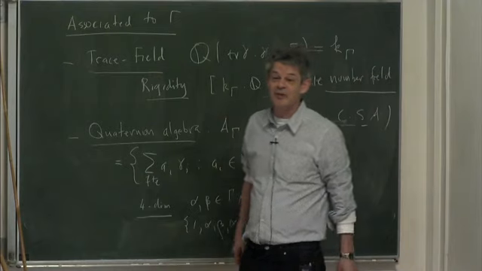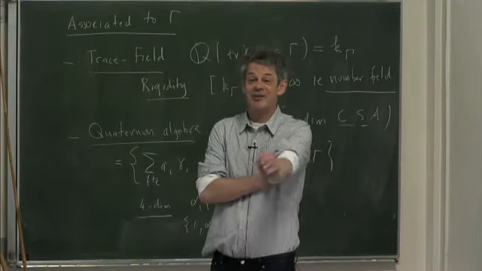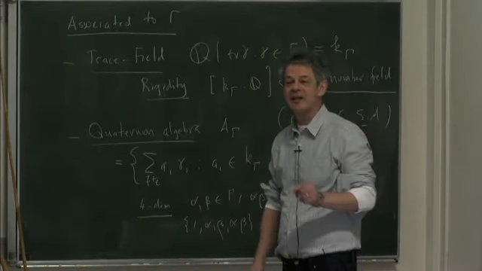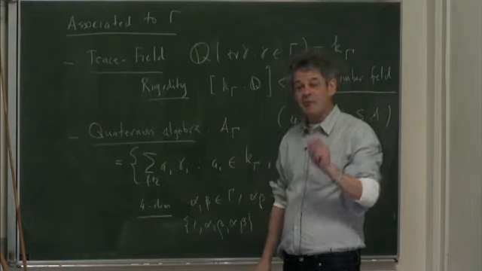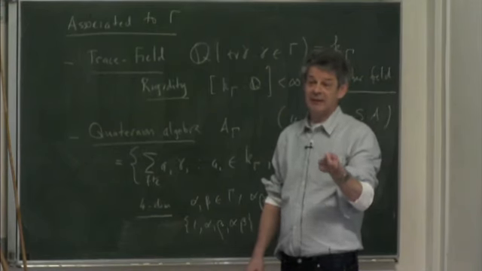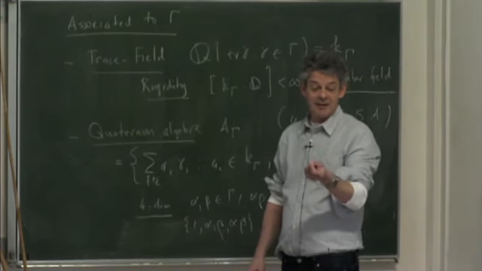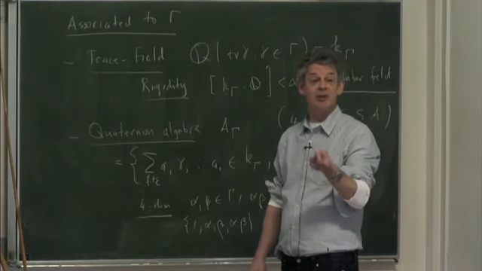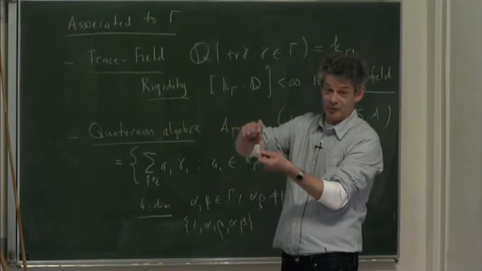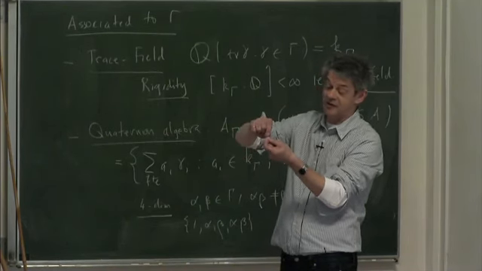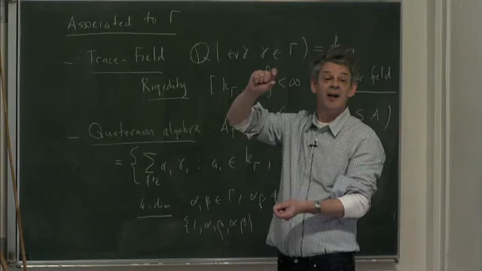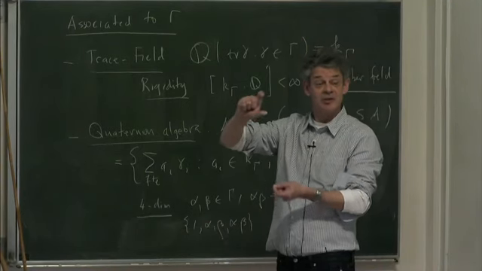Now, I can tell by the looks in your eyes, you're really just not impressed by the fact there's a quaternion algebra associated to gamma. But I can tell you this, and you'll see more about this later. It's a very, very powerful invariant associated to a hyperbolic 3-manifold. So to give one example, and we'll see some more examples shortly, there's a construction of towers of rational homology 3-spheres, i.e. there's closed hyperbolic 3-manifolds which are rational homology 3-spheres, and you can construct a tower of finite index normal subgroups that descends to the identity, all of which are rational homology 3-spheres.